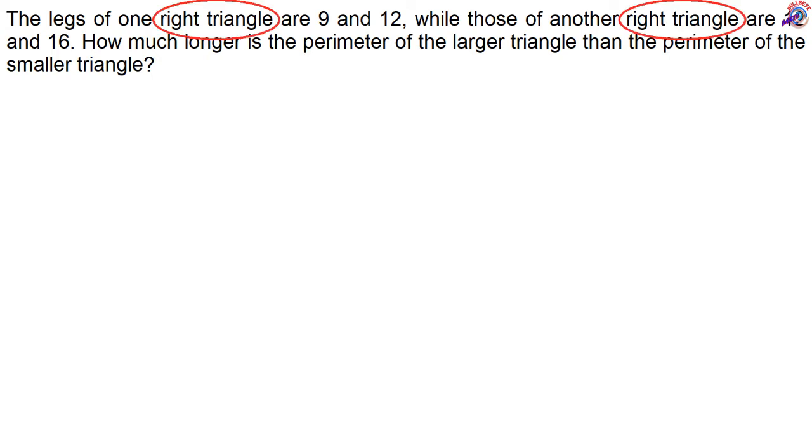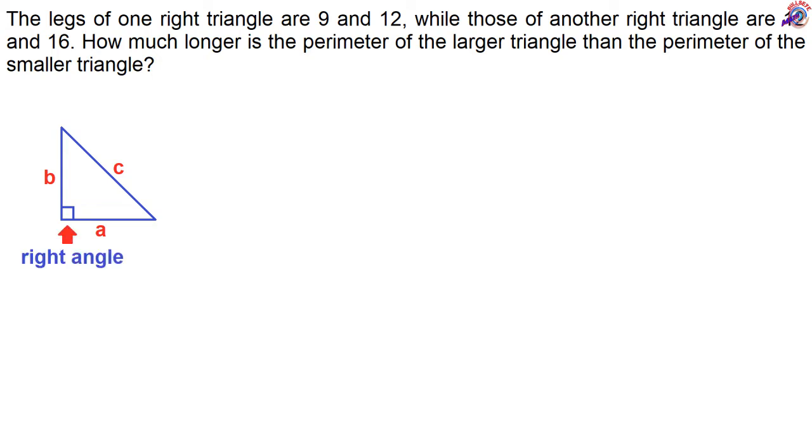So we're talking about two distinct right triangles here. Here, we have the variables a, b, c to represent the sides. C is the longest side, and a and b are the two shorter sides. We can see here that the longer side is facing the right angle.